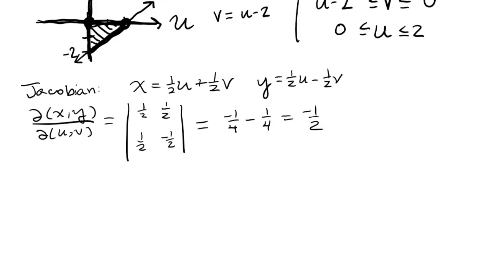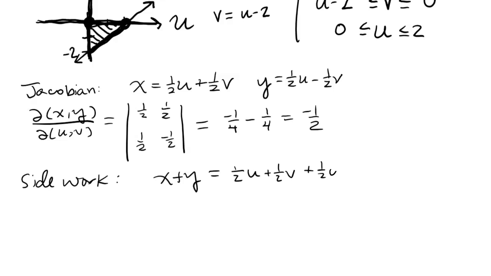All right, we're almost ready to put things in our integral. Let's just do a little bit of side work first, so that we can see what we're going to plug in, because we know that we're going to have to plug in an x plus y and then an x minus y. So let's just figure out what those are in terms of u and v first. So x plus y is 1/2 u plus 1/2 v for x, and then plus 1/2 u minus 1/2 v for y.